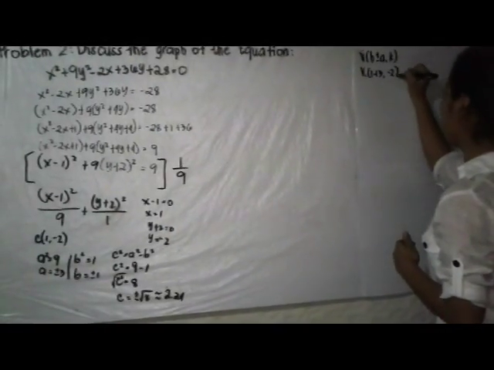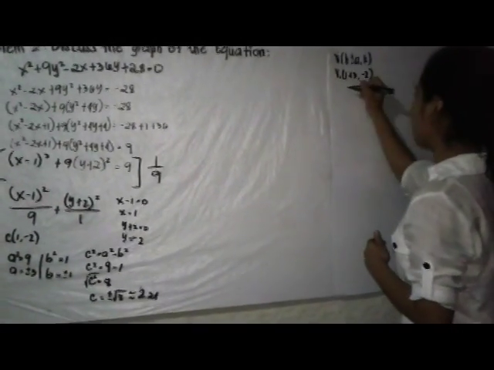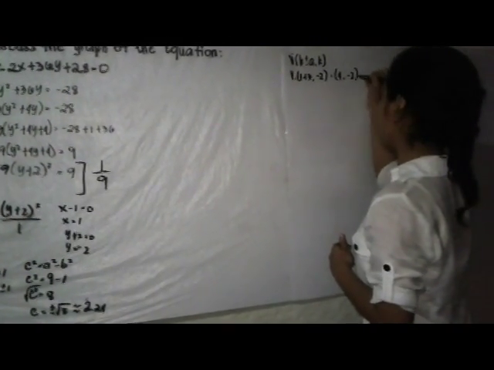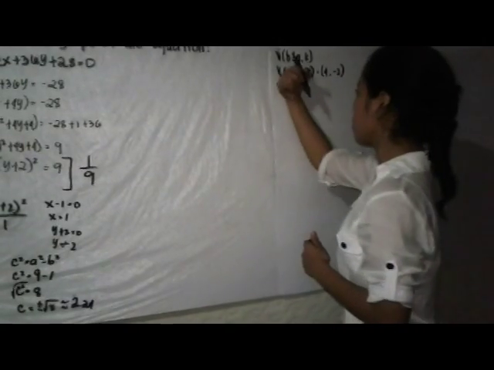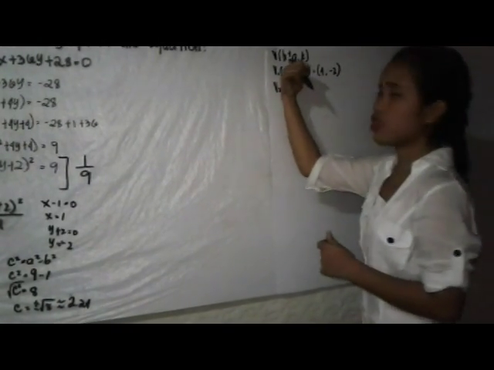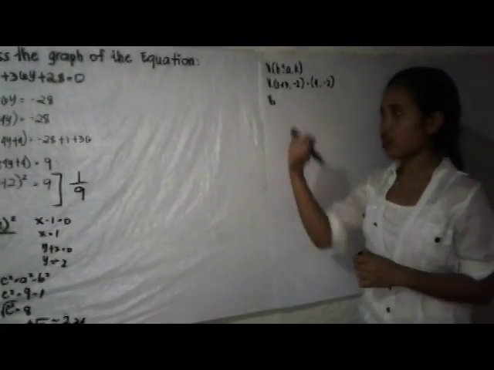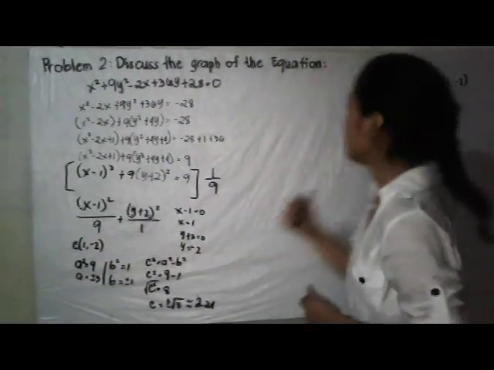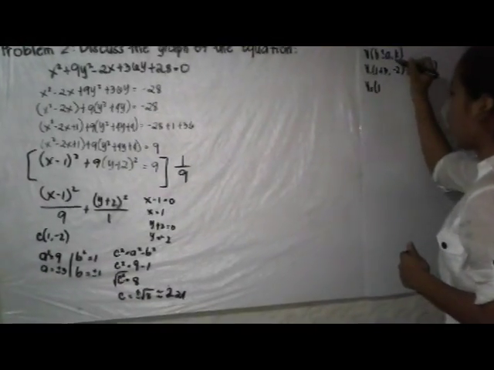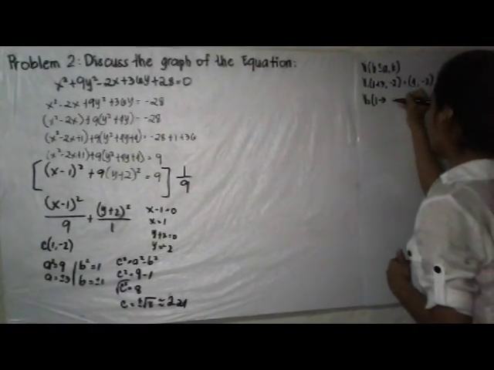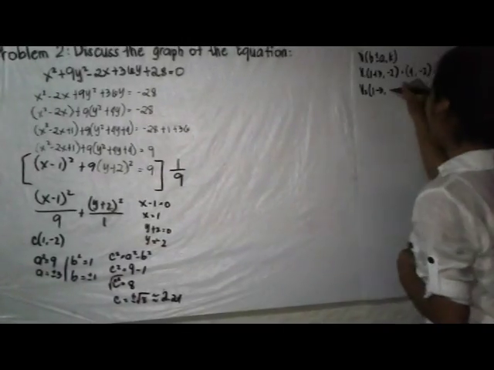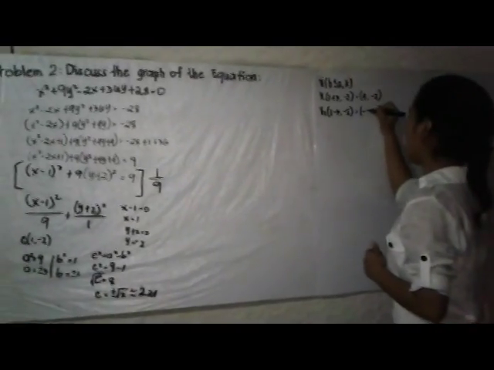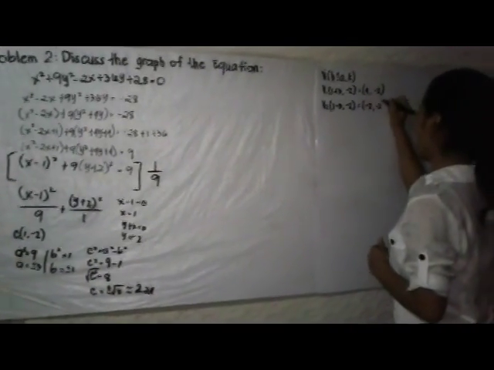It is equal to 4, negative 2. In finding our vertex 2, let us substitute h minus a, k. So our h is positive 1, then our a is negative 3, then our k is negative 2. So it is equal to negative 2, negative 2.